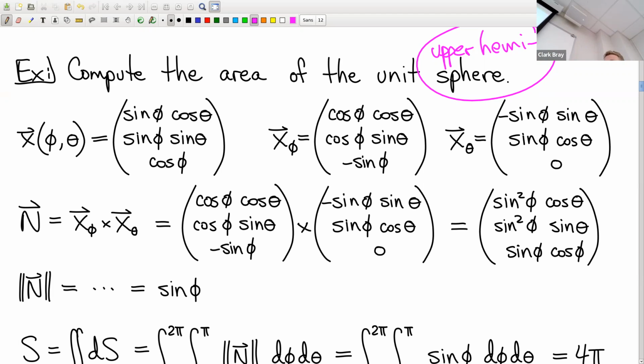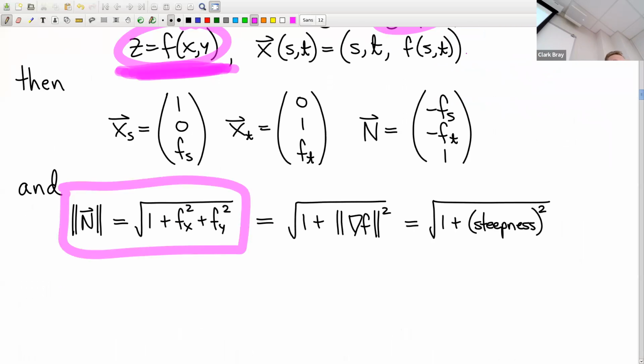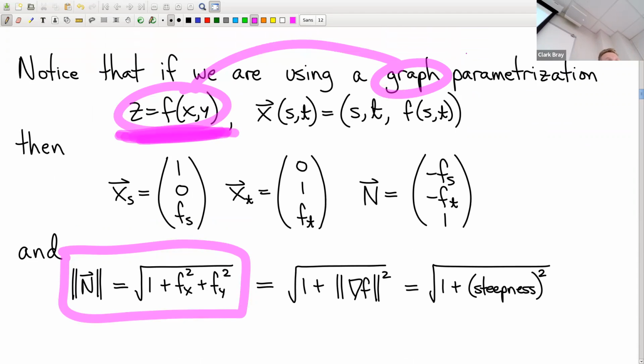Spherical coordinates is a really natural choice when you're dealing with, in fact, a sphere, right? So don't rely too heavily on this. Yes? When you say rectangular graph, you mean rectangular coordinates? Yeah. I mean, one of the rectangular coordinates is a function of the other two rectangular coordinates. Yeah. That's right. So if you wanted to have x be a function of y and z, then you could, by analogy, it's exactly the analogous formula.